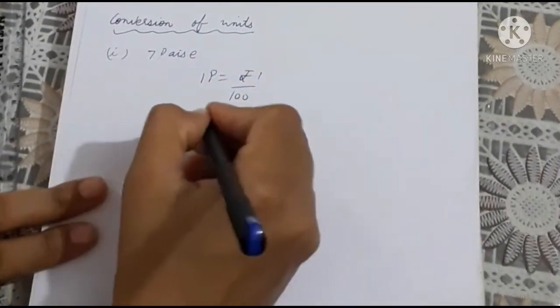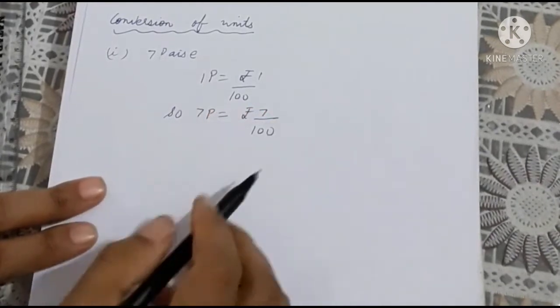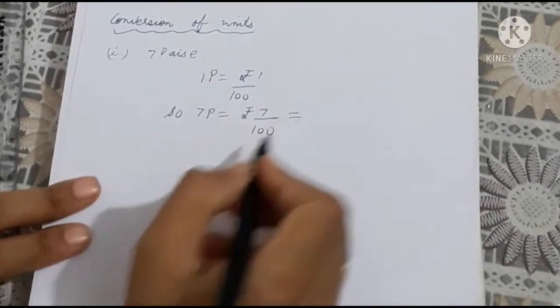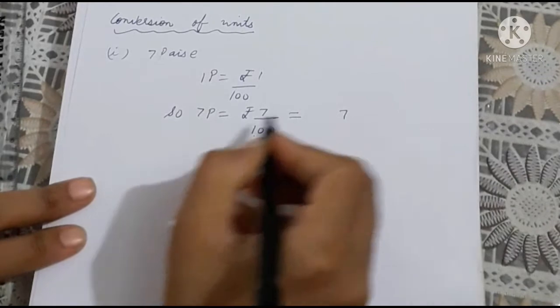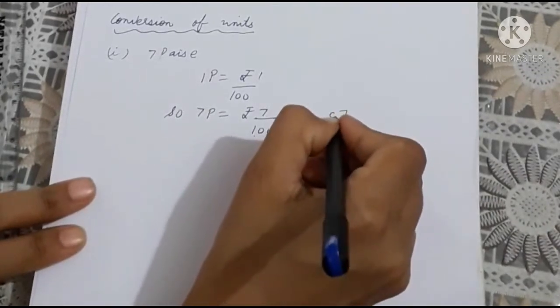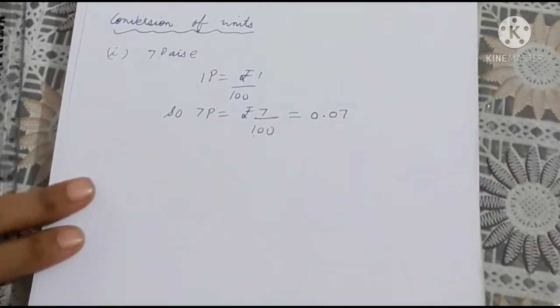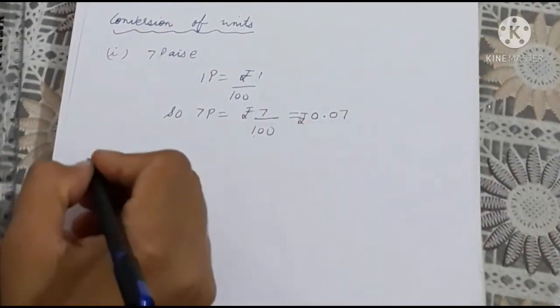So 7 paise equals rupees 7 upon 100. Now you can see in the denominator there are 2 zeros. So in the decimal, after the decimal there should be 2 places. Starting from the right, I have 7 in the numerator. I will put a 0 here and put the decimal. Nothing in the whole number part means 0 is there in the whole number part. So it will become rupees 0.07.